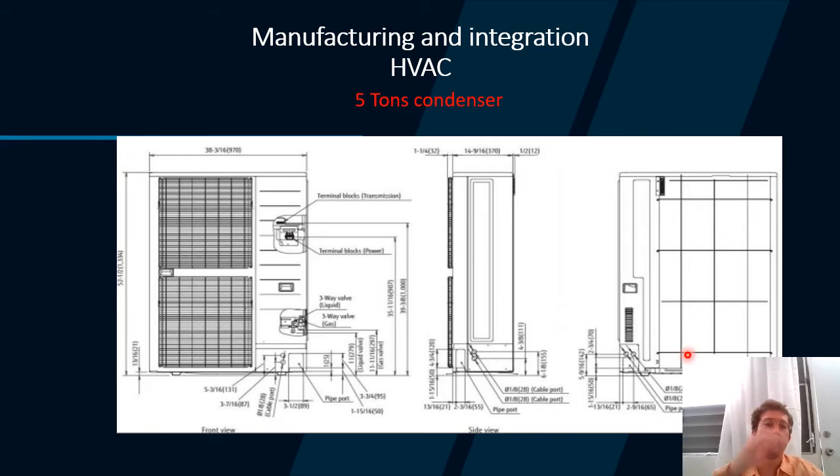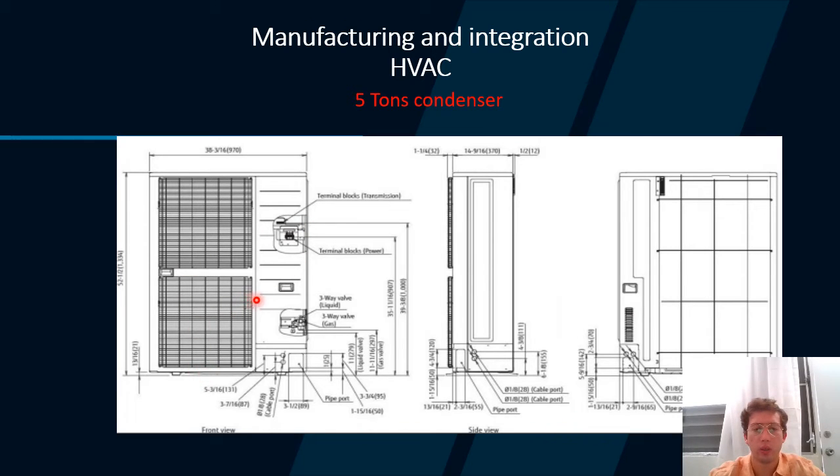Here we can see some drawings from the manufacturer, in this case GRI. We looked for these drawings on the internet because the manufacturer doesn't give them to the public, so we can see how the condensing unit will look. You can see that we'll have two fans for removing the heat from inside the house.